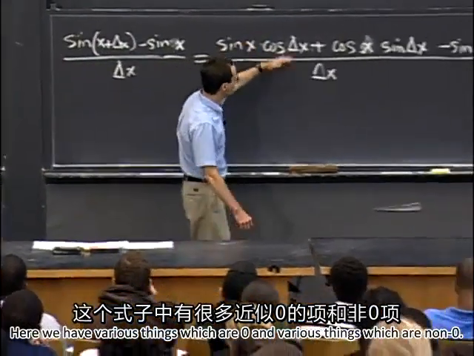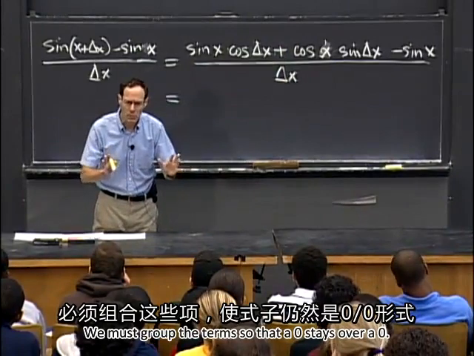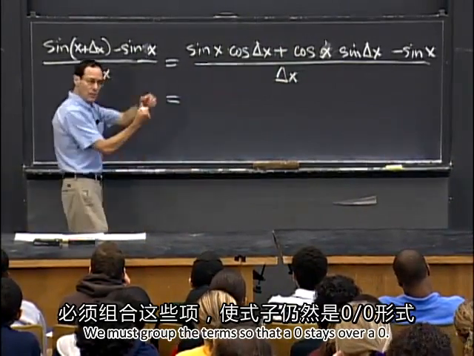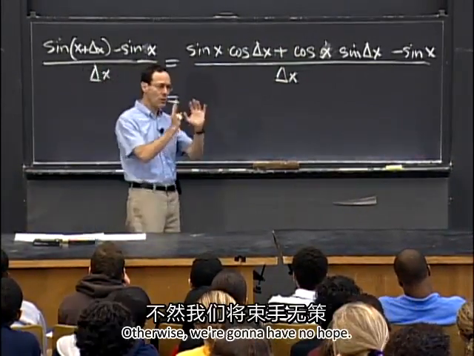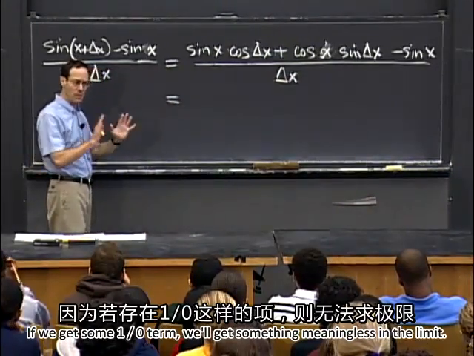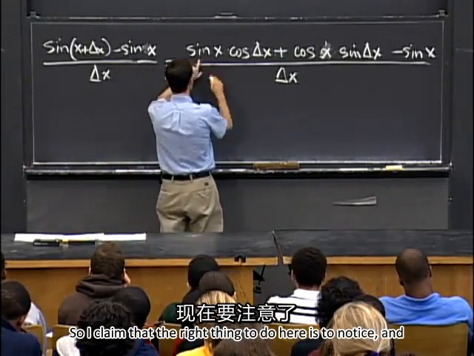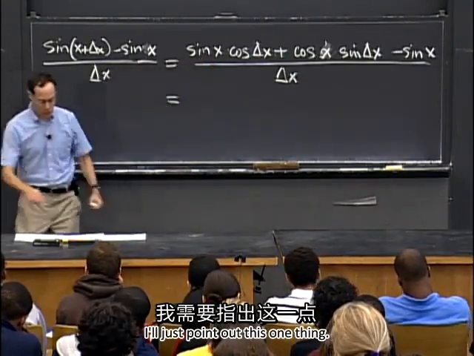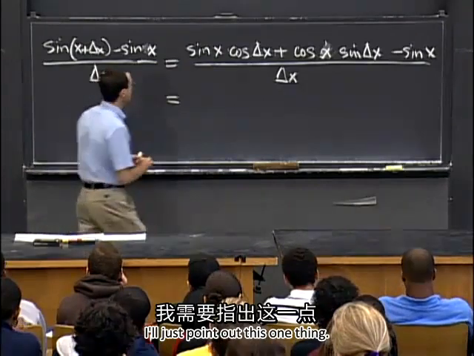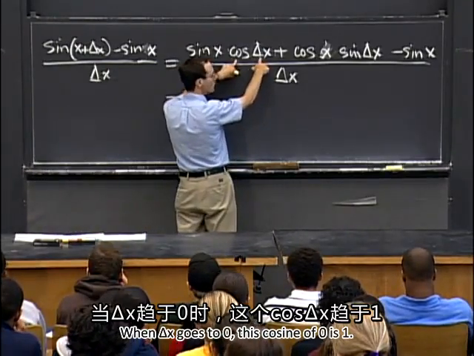Here we have various things which are 0 and various things which are non-zero. We must group the terms so that a 0 stays over a 0. Otherwise, we're going to have no hope. If we get some 1 over 0 term, we'll get something meaningless in the limit. So I claim that the right thing to do here is to notice one thing: when delta x goes to 0, this cosine of 0 is 1.